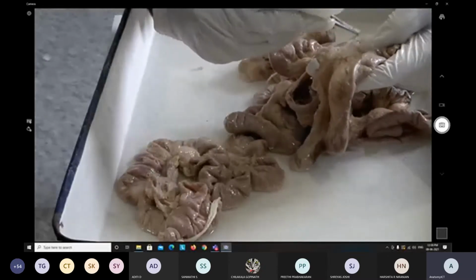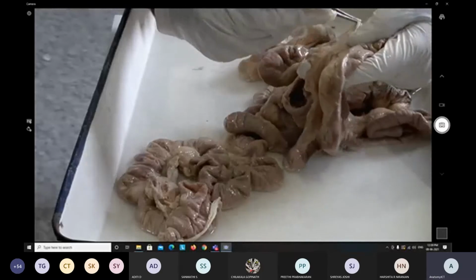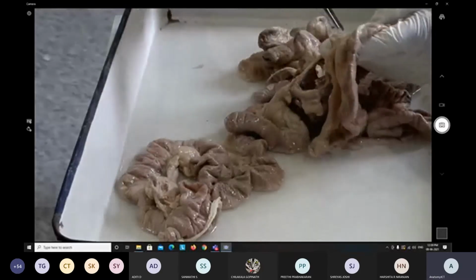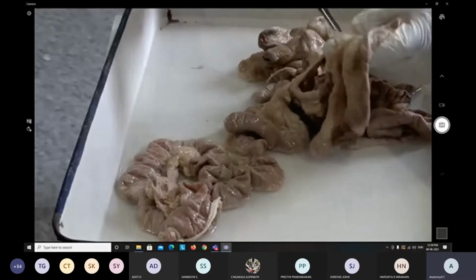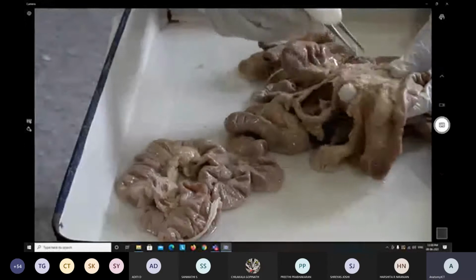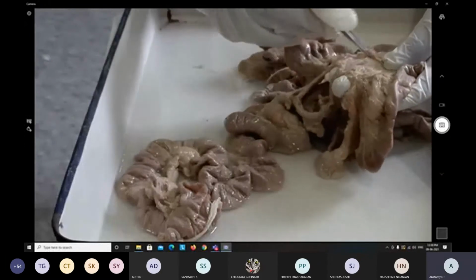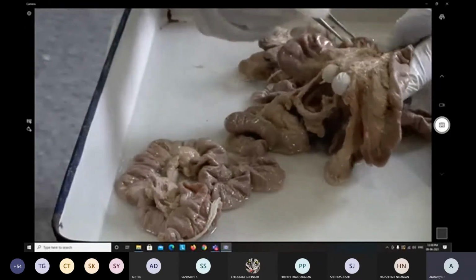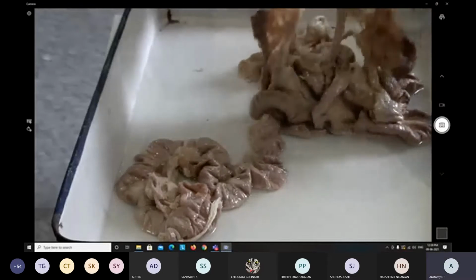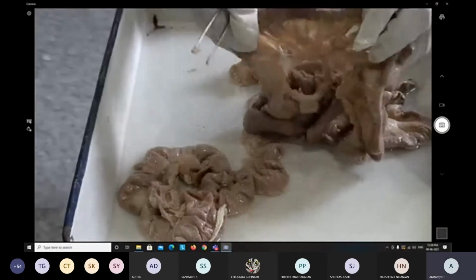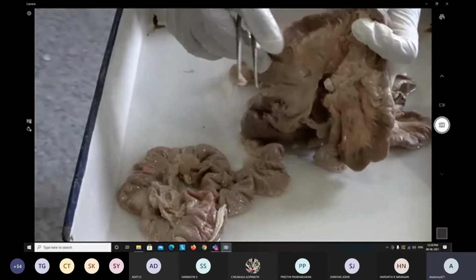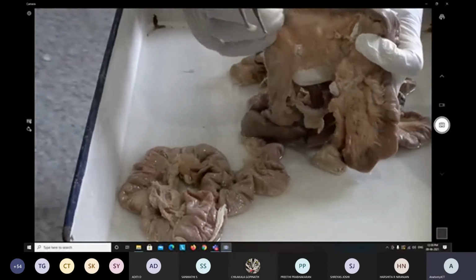Inside the peritoneum, both layers, the first and the second layer of the peritoneum, cover the small intestine. Inside, there are multiple blood vessels, piercing the intestine. Concentrate, dear students, I am showing something over here.